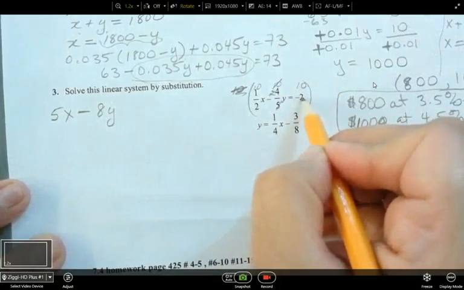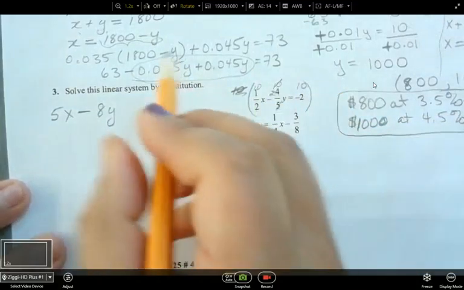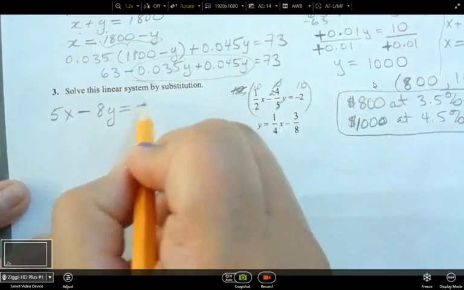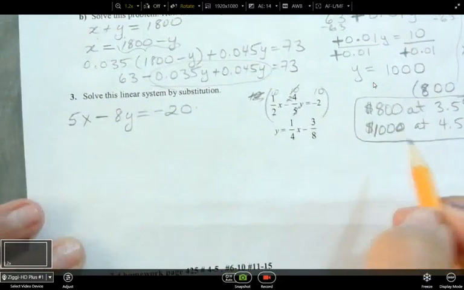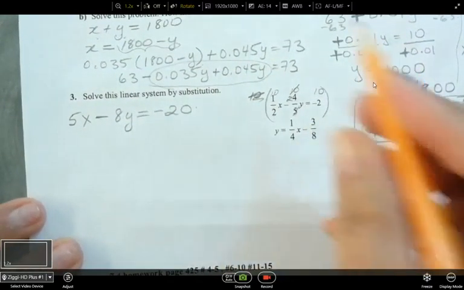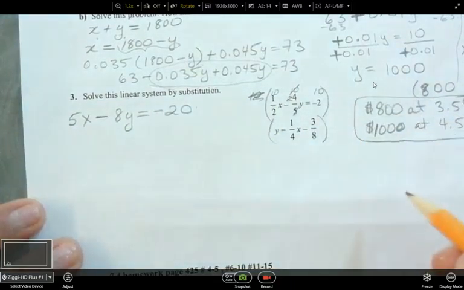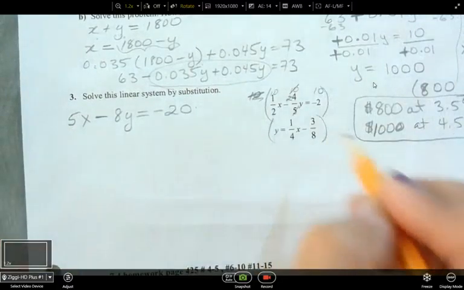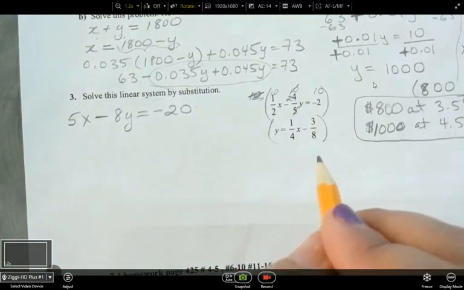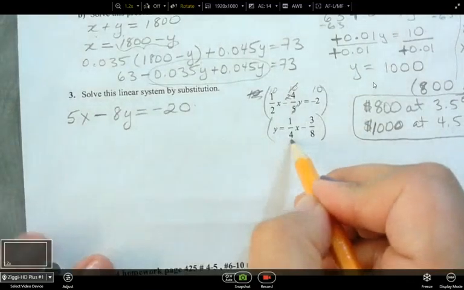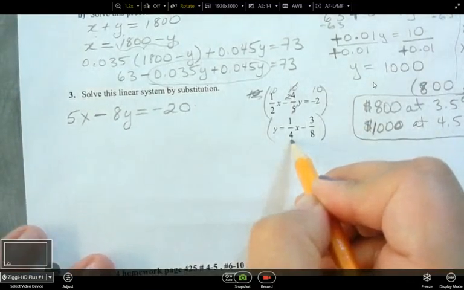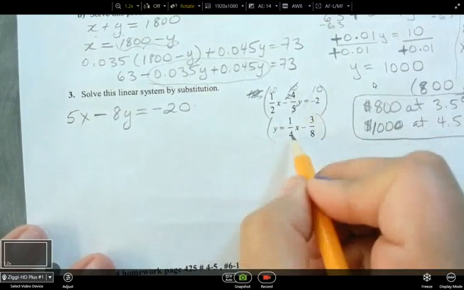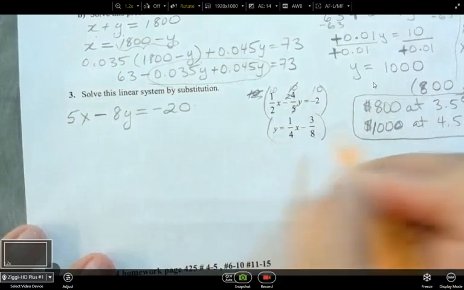And then what about this 10 and this negative 2? There's nothing to reduce, is there? So it's minus 20. All right, so now here, what can I multiply across this entire equation so that I eliminate all of the fractions? So 8 is my lowest common denominator, right? I've got 4 times 2 is 8, 8 times 1 is 8.